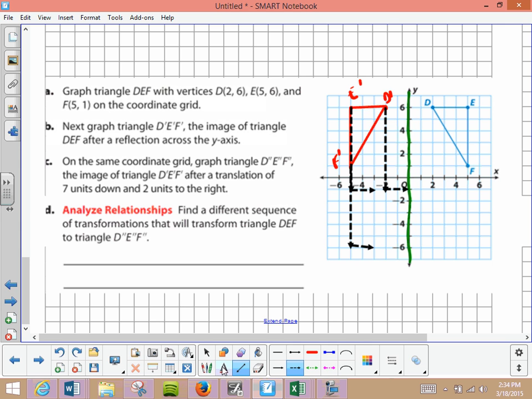So I end up with points here, here, and here, right? Which should be able to connect.